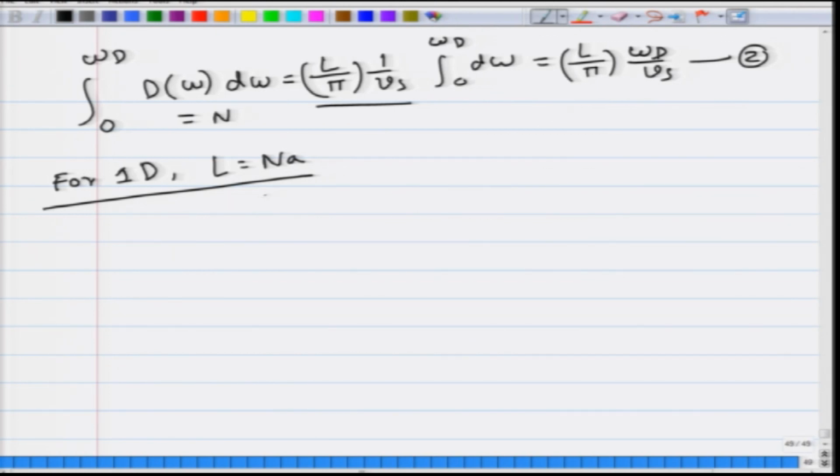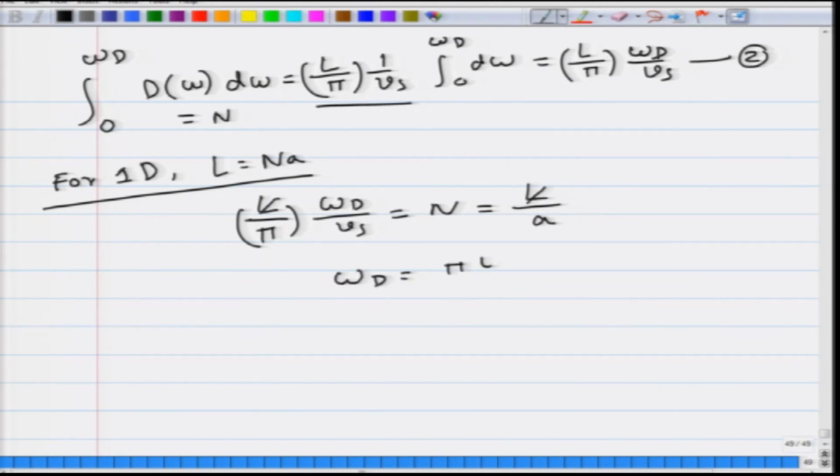So here L by pi into omega d by Vs equals n. We can write n as L by a. Okay, so L goes out, so omega d is pi Vs by a. This is, suppose, equation 4.